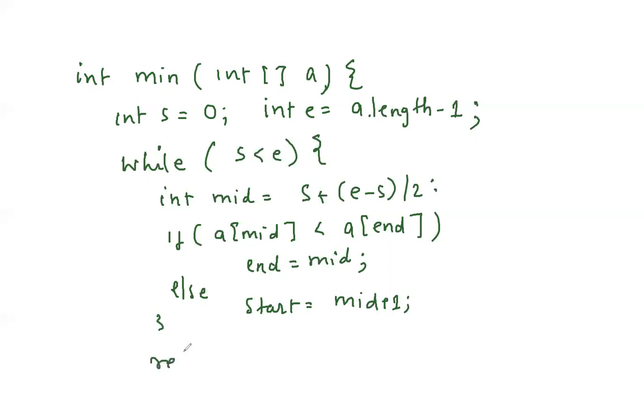And whenever start becomes equal to end, we'll just return A of start. Sorry, we have to return the index, not the value. We have to return the index. Okay.